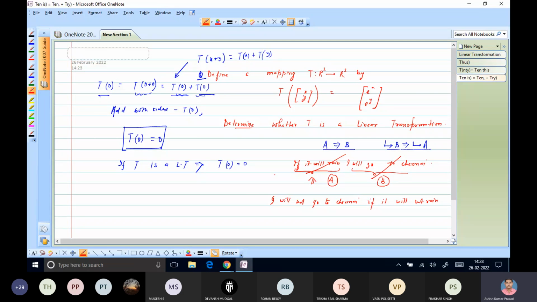So look at both statements. Is there any change? There is no change. So A implies B is the same as not B implies not A.